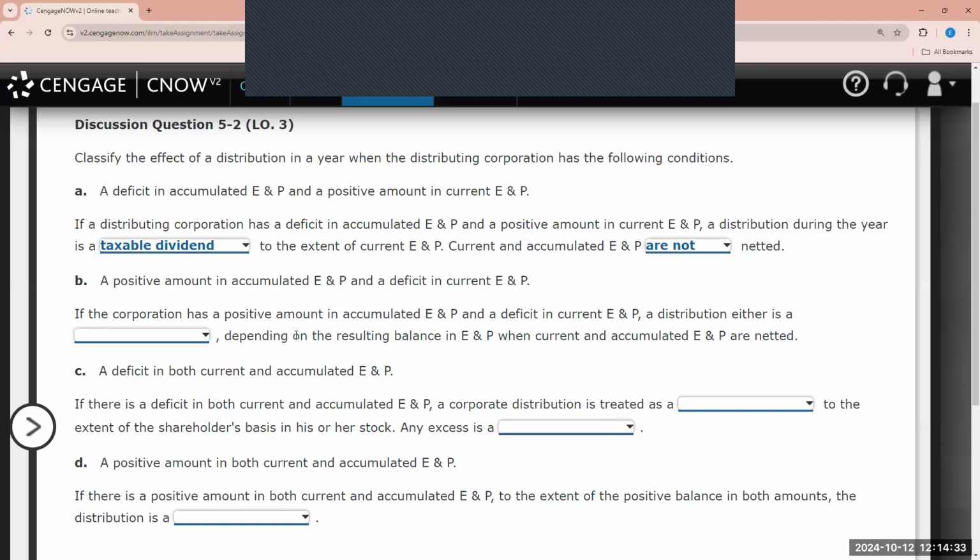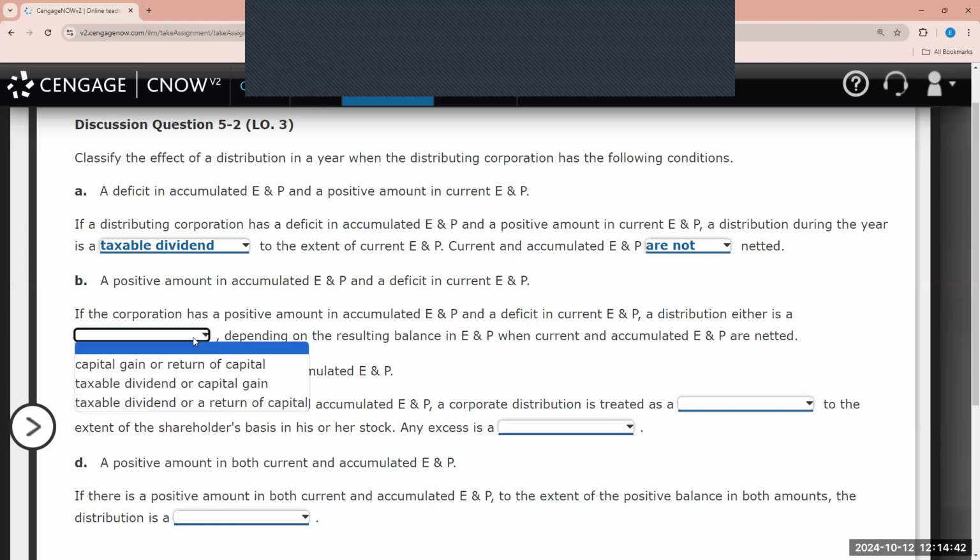So therefore, if the corporation has a positive amount in accumulated E&P and a deficit in current E&P, a distribution is either a taxable dividend or a return of capital. Again, it ultimately depends on when we net the current E&P deficit and the positive accumulated E&P, is the net amount positive?